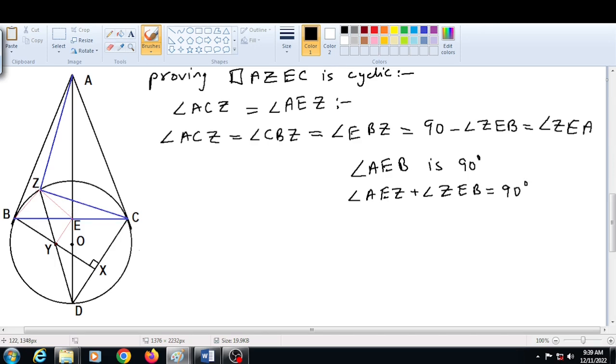So basically they are adjacent angles. Therefore angle AEZ is equal to 90 degrees minus angle ZEB. And this is exactly what we have here.